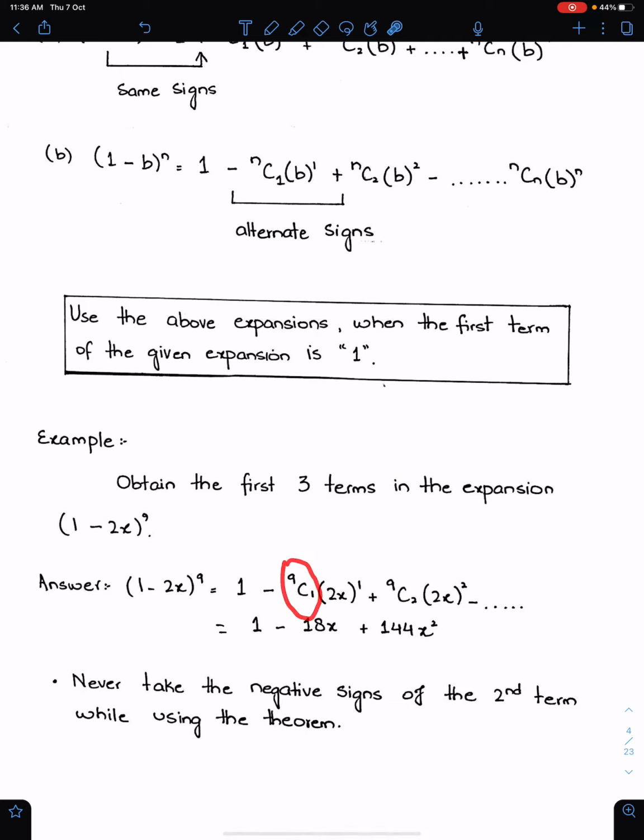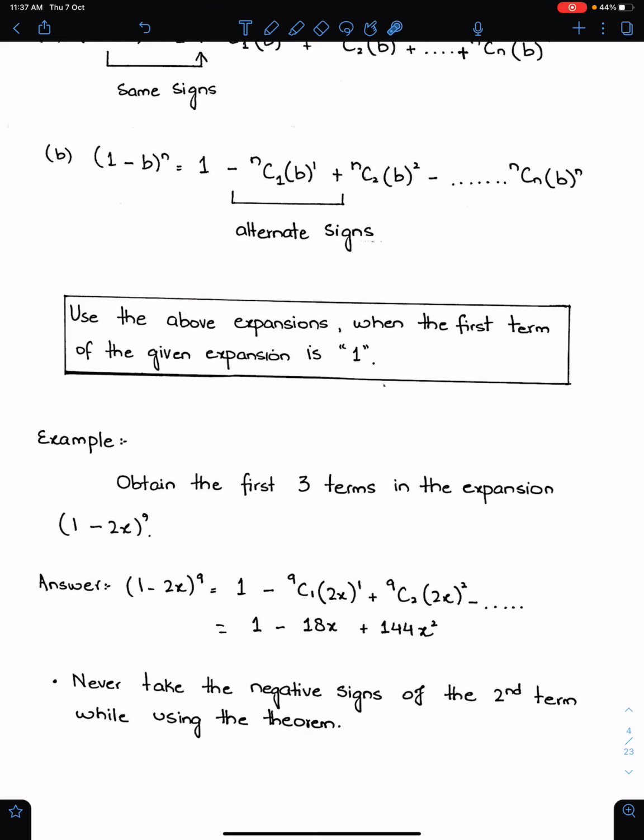Then 9C1 because n is 9, second term 2x with power 1, which is this number. This is the power of the second term, and this is the simplified form of this.